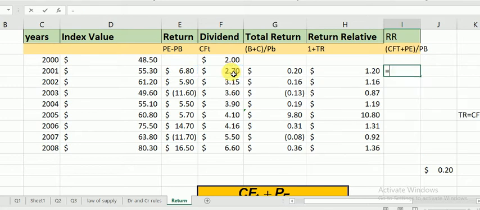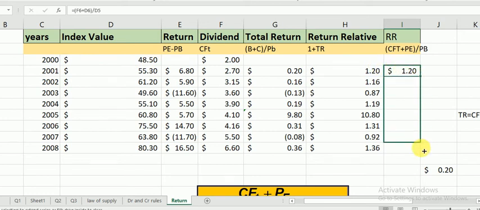Bracket start, CFT dividend: how much dividends did we get in 2001? 2.70, plus PE, the current price, 55.30, divided by the earliest, previous old price PB, and we enter it.